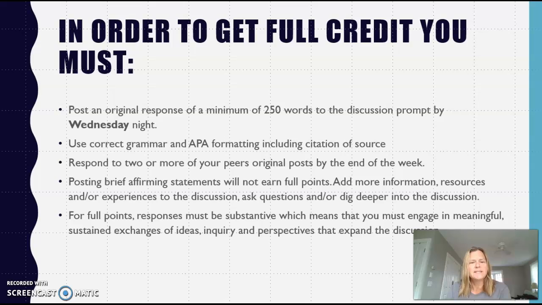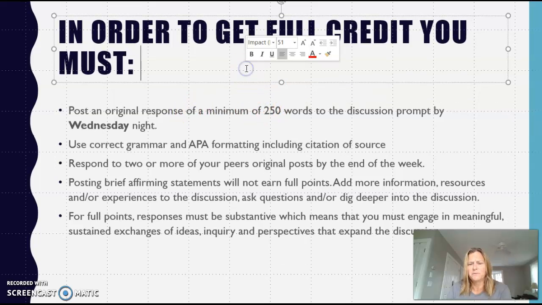So on to the next slide. In order to get full credit, you must post an original response of at least 250 words. Try not to do too much more than that, because you want people to be able to read your post in a timely manner and give some good feedback about that.